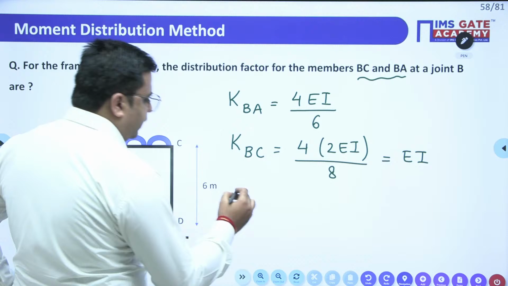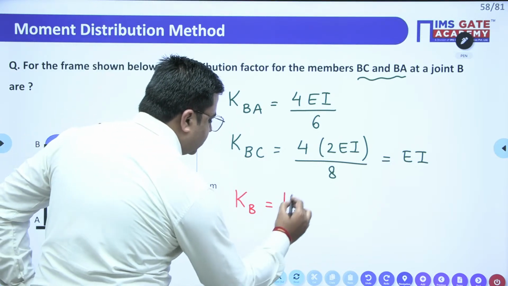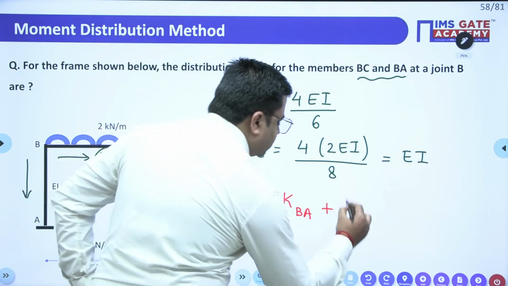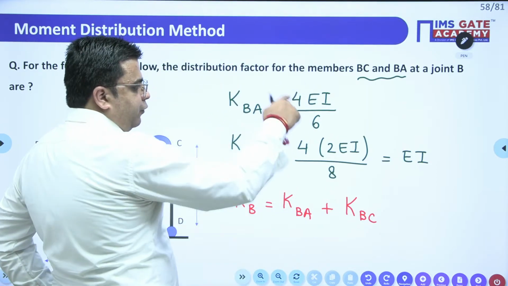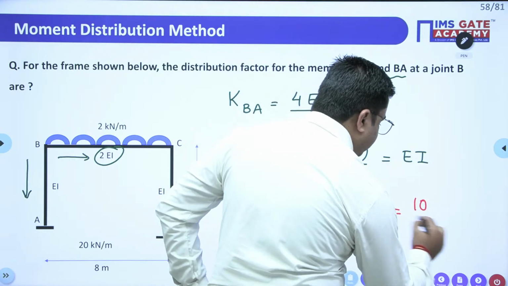So the total stiffness of joint B is equal to the stiffness of member BA plus the stiffness of member BC. When you add these two, you get 4 by 6 plus 1, so this will be 10 by 6 EI.